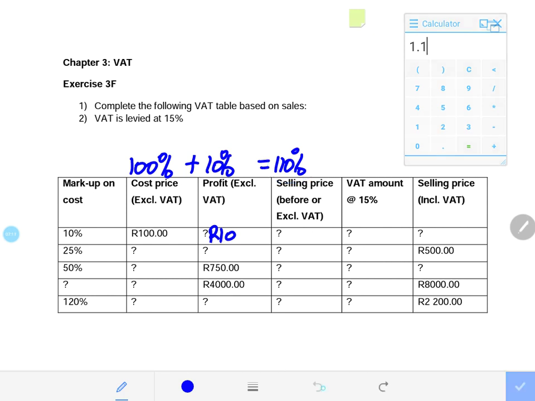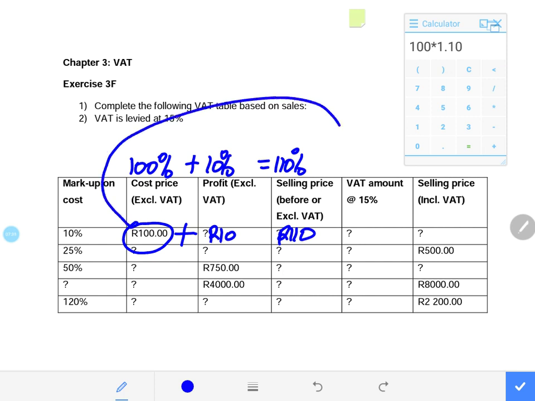So in other words, instead of saying 100 Rand plus 10 Rand is equal to 110 Rand, we can just say 100 Rand times 1.10, the 110% that we have in there. So now if we say 100 Rand times 1.10, it gives us straight the amount of the selling price, which is 110, after the 10 Rand, which is 10%, was already added.